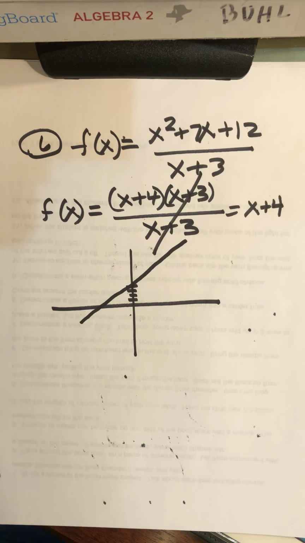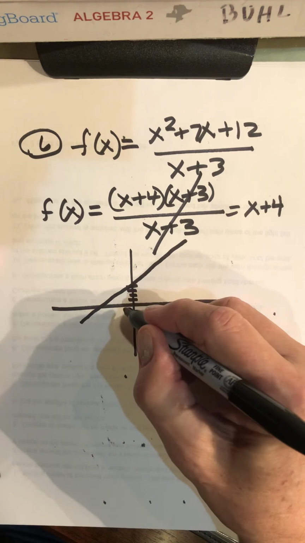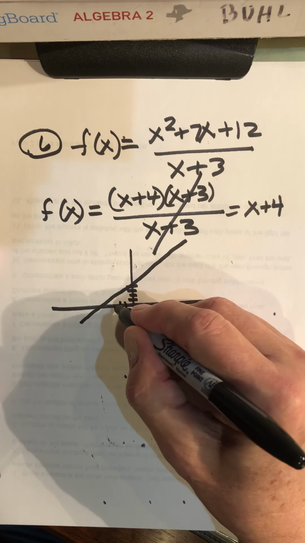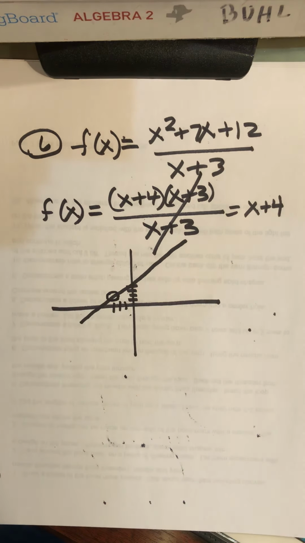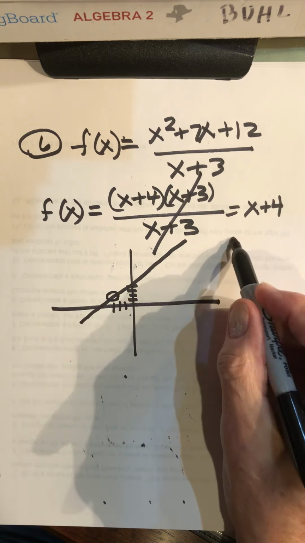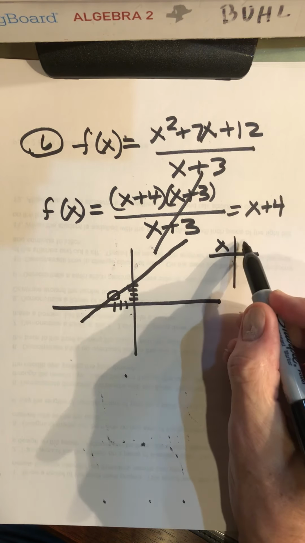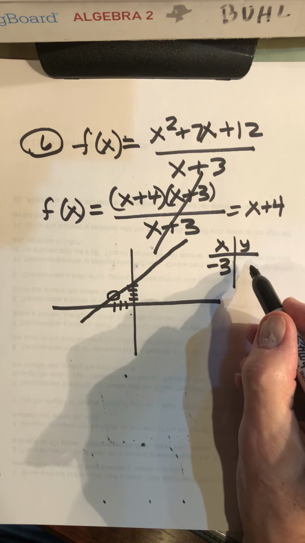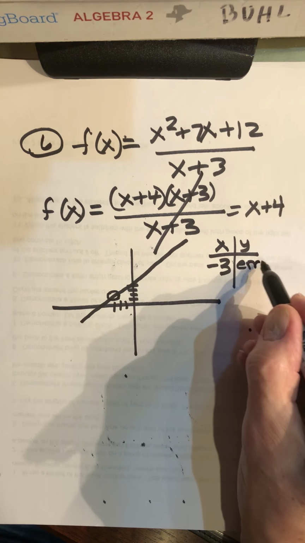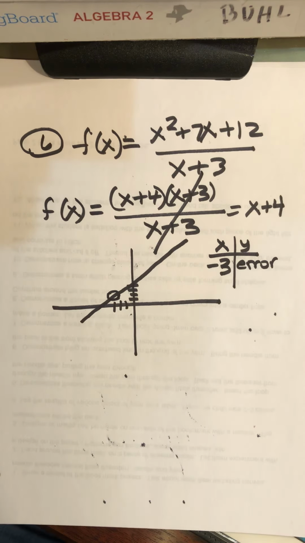There's only one little thing that's kind of interesting here. At -3, look in your table. There is what we know is called a hole. So when you have in your table, when x is -3, this is going to say error or undefined, because at -3, the original problem has no definition.